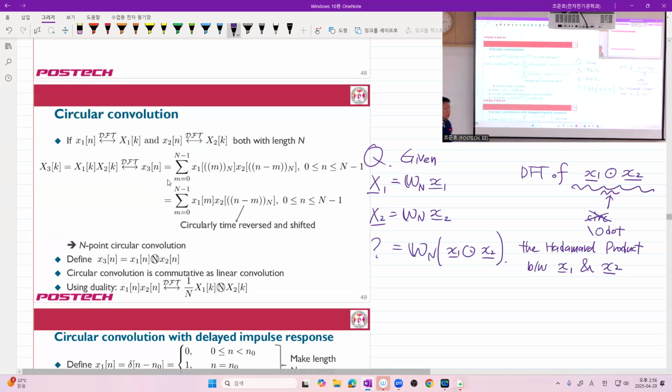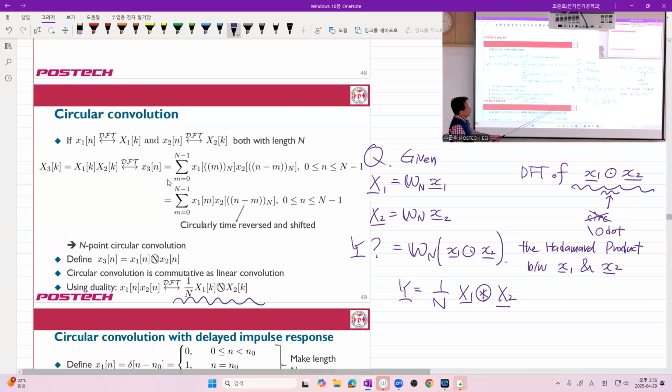Got it? And interestingly, we have this one. Let's call this y. Then y equals 1 over N, x1 vector circular convolved with x2 vector.